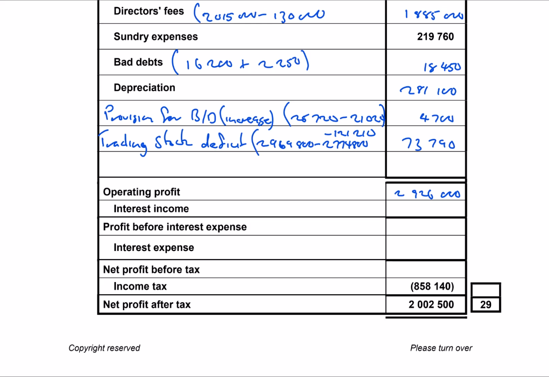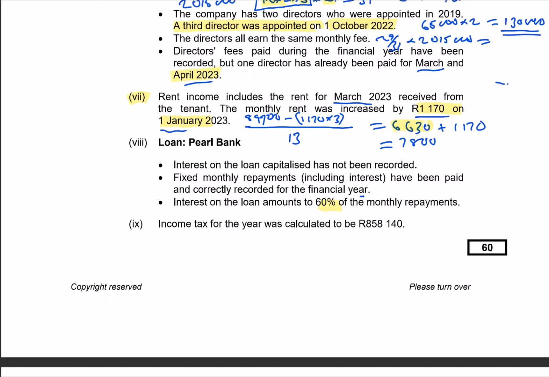So this will give you 2,860,614. Then they said here, interest on the loan capitalized has not been recorded. Fixed monthly repayments, including interest, have been paid and correctly recorded in the financial statements. Interest on the loan amounts to 60% of the monthly repayments.